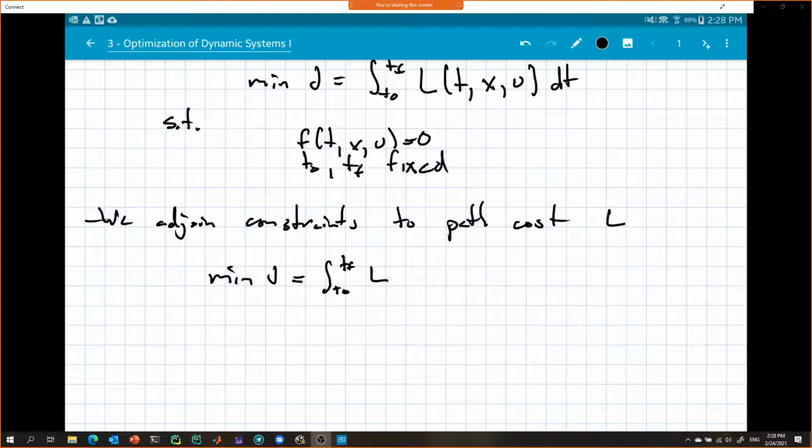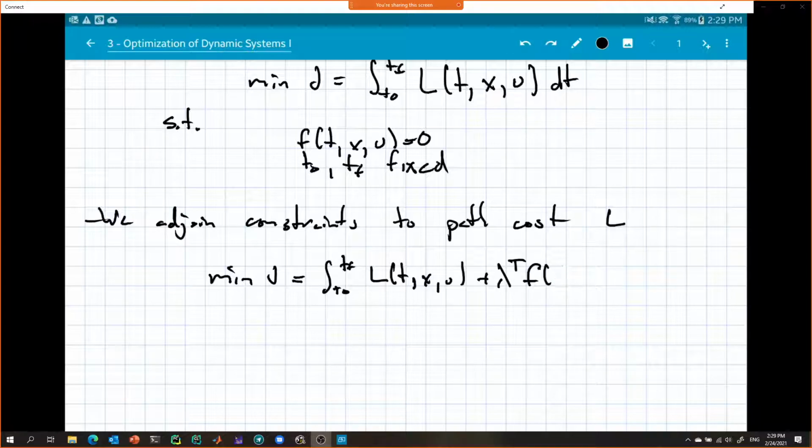The rule is, though, if it's true at all times, so just something that's on the path, which these constraints up here are because we have f of t, x, and u equal to 0, then you adjoin to the path cost. If it's something that's only on a point, then you adjoin to the cost associated with that point. And that we'll cover later. We're actually not going to do that today.